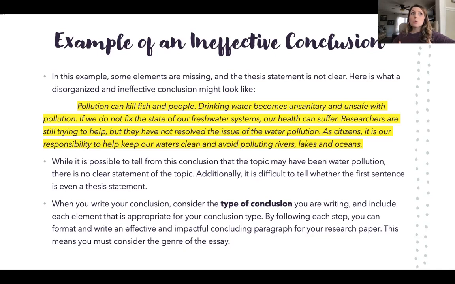So your conclusion is really your last chance to sell that idea to me. It's to prove to me why a teacher needs to be patient more than they need to be analytical. It's to prove to me why a doctor needs to be more analytical than they need to be patient. This is your opportunity to drive home the message that you are trying to convey.